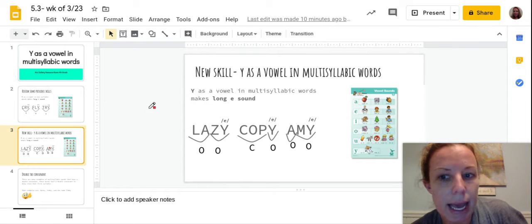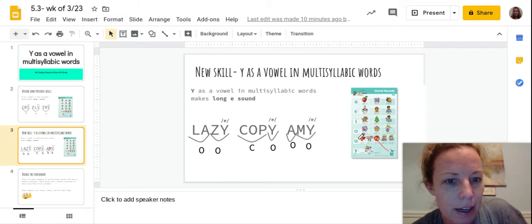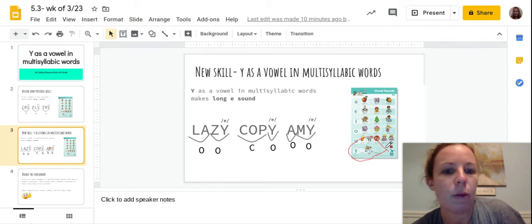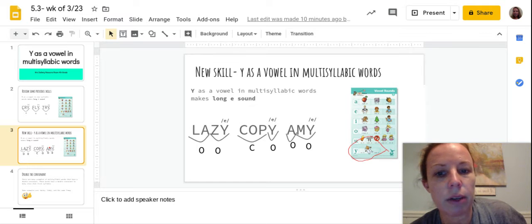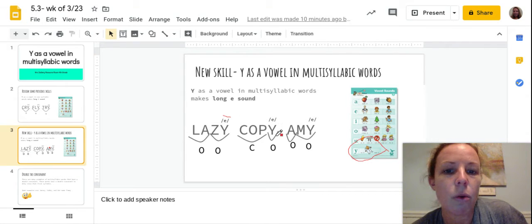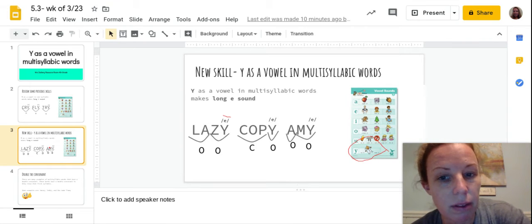Okay, so again, on the bottom over here, we have Y baby E. So the Y as a vowel makes 2 different sounds, and it depends on how many syllables are in the word. So if the word has 1 syllable, we get that long I sound. If the word has 2 syllables, we get the long E sound. So the words this week all have that long E sound, and they're more than 1 syllable.